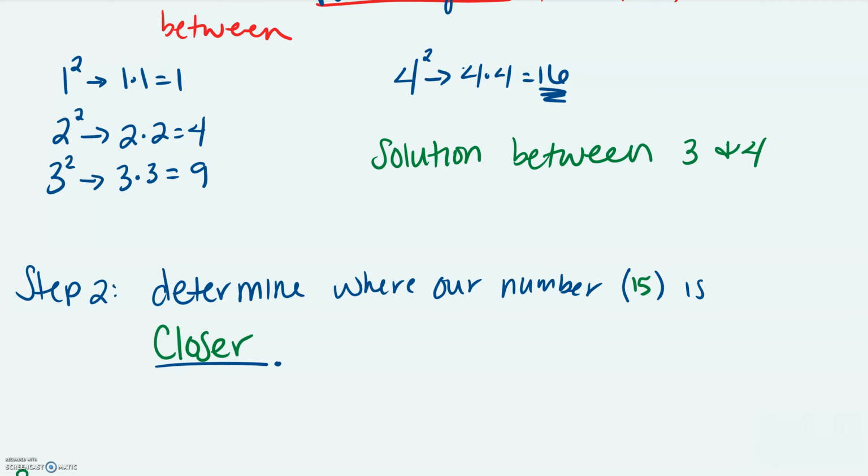If I had 9, which was our 3 squared, and 16, which gave us our 4 squared, on a number line, 15 is definitely closer to 16 than it is to 9. Super close. So our answer is going to be a decimal higher than .5. It's not in the middle, it's higher than that.